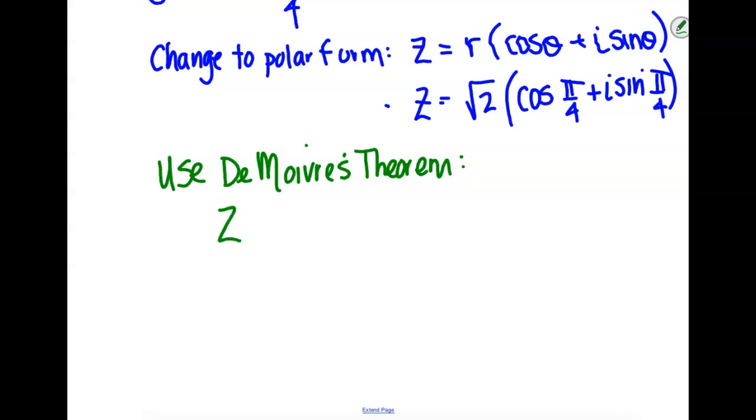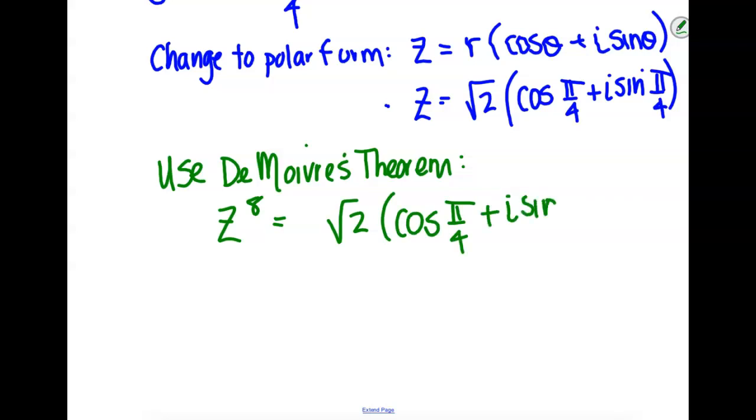So we're going to find out what z to the 8th is: the square root of 2 times cosine of pi over 4 plus i sine of pi over 4, raised to the 8th power, multiplying it 8 times. We're going to use that formula, and you can refer back to it in your notes if you'd like.